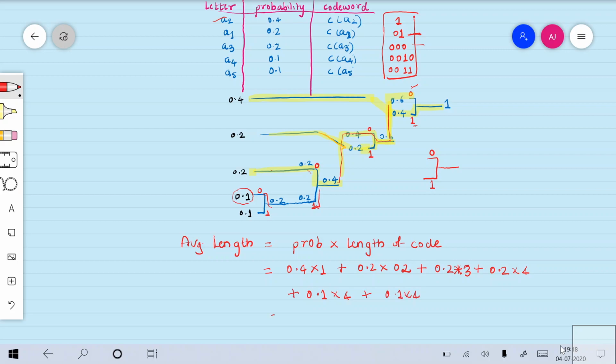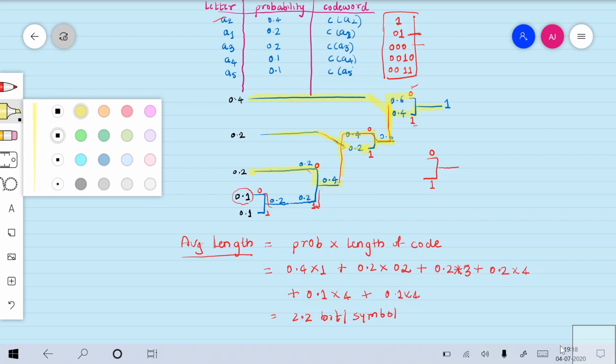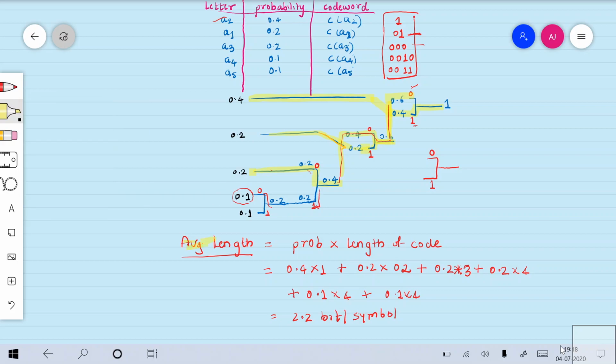So when you calculate all this, you will find that it comes to 2.2 bits per symbol. This is an important factor when we go for Huffman coding, so this average length also should be known to you.